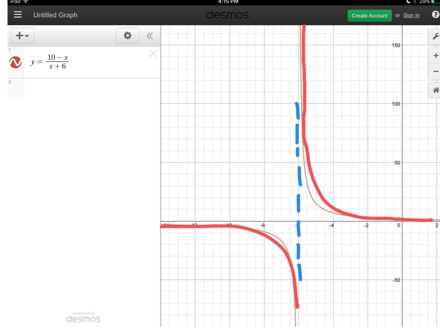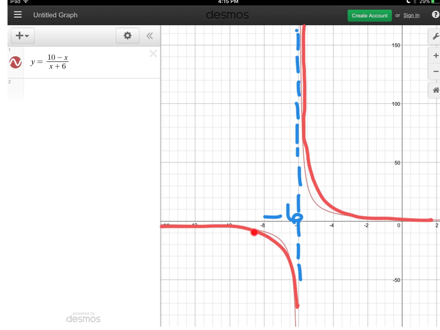It keeps going up, and that red line gets close, infinitely close, but it never touches the line x equals -6. And down here, the closer you get, it never gets to -6.